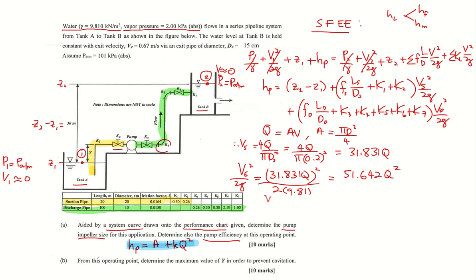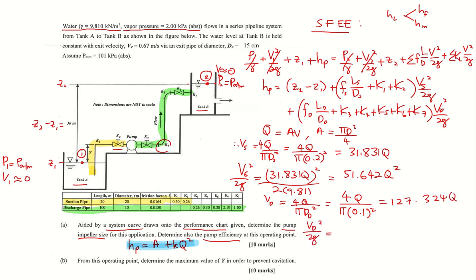So you do the same thing with VD. So VD is basically 4Q divided by pi DD squared. So DD is 10 centimeters, convert to meter. So this you get 127.324 Q. And we want VD squared over 2G.